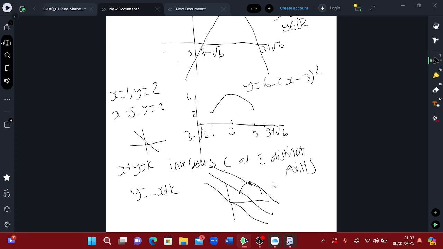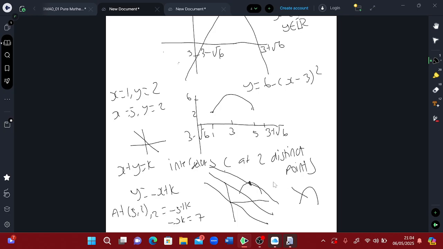Now this end point is (5, 2). So what we need to consider is the point where the line intersects (5, 2). So if we said at (5, 2), 2 would equal minus 5 plus k, which means k would be 7. So that's saying if we shifted it 7 points up, which kind of makes sense.